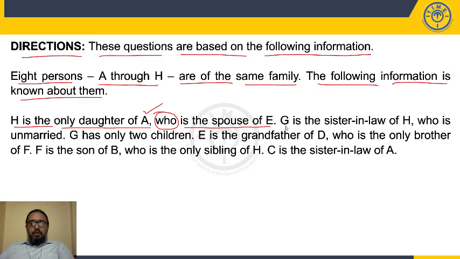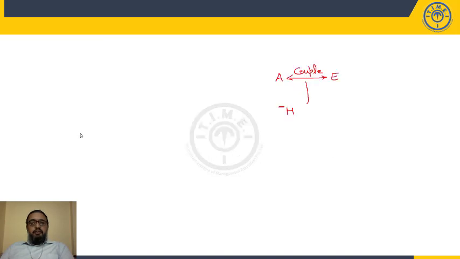Now, G is the sister-in-law of H who is unmarried. Now, sister-in-law, there are two ways. One is either H should have a husband, husband's sister is sister-in-law, or H should have a brother, brother's wife is sister-in-law. Now, since he clearly says H is unmarried, so H should have a brother, and that brother's wife is G, the sister-in-law.